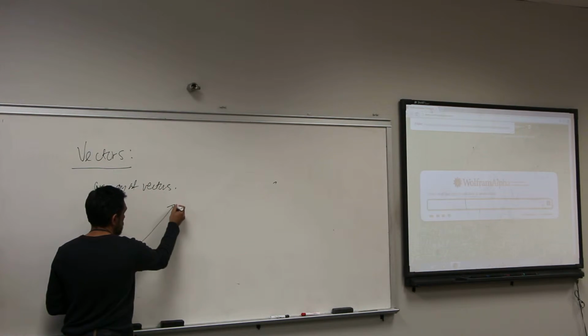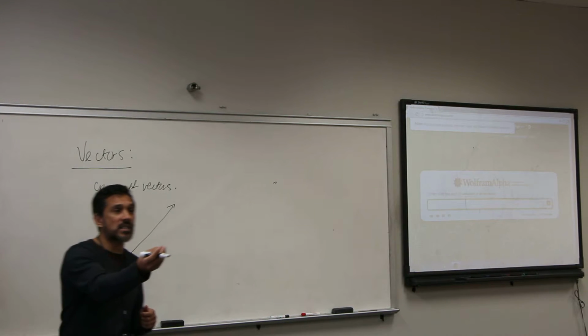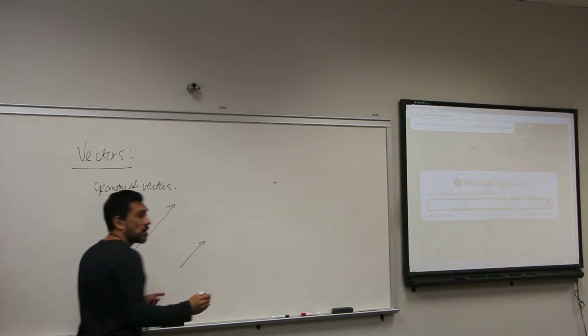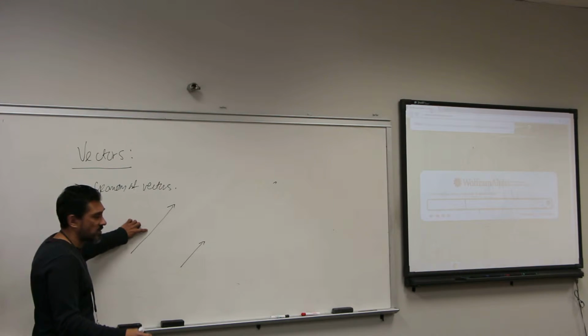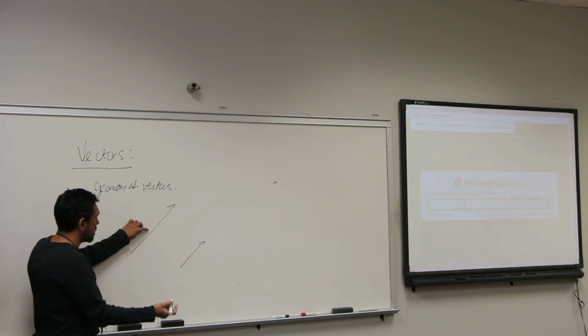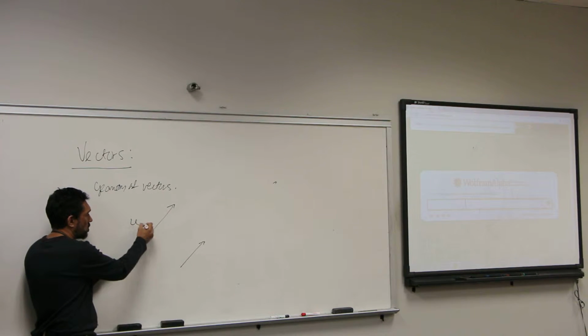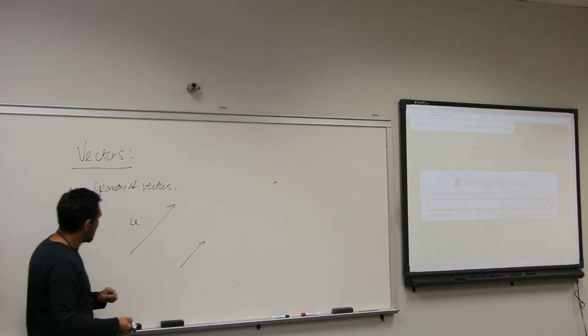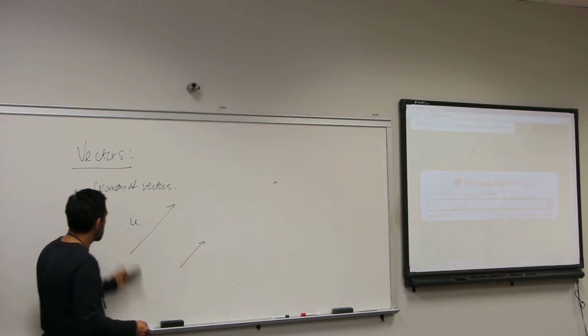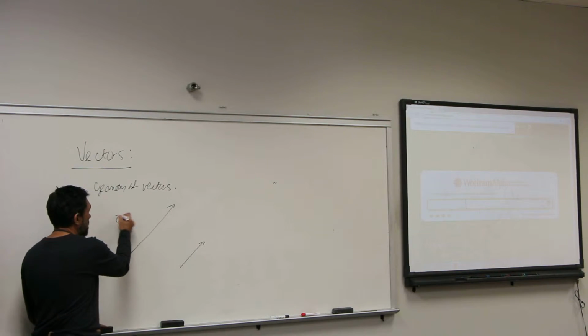So here's a vector. Give me a name for a vector. Here's another one. What do you want to call this vector? Vector A, not bad. Now, what happens if I want the components?